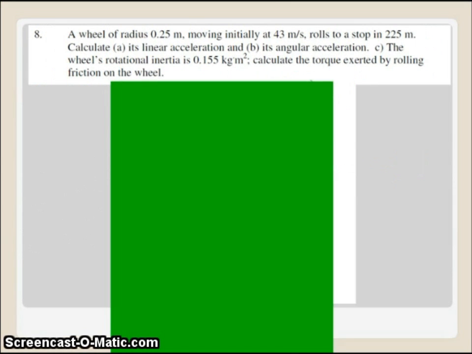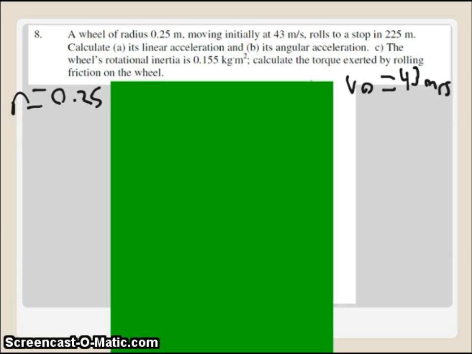The final problem we have here is number 8, and the problem reads, a wheel has a radius of 0.25 meters, so that means that r is equal to 0.25, and its initial velocity, v_0, is equal to 43 meters per second.